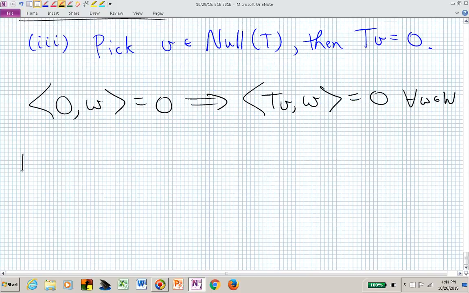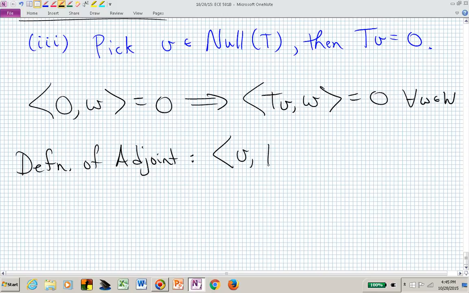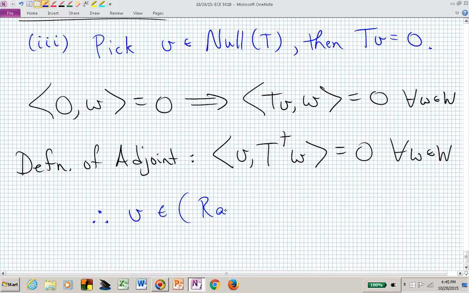and our definition of the adjoint now allows us to slide that linear operator T to the second slot by saying now V comma T dagger W is equivalent to what it was above, and that was equal to 0 for all W. And now that says that V is orthogonal to the range of T dagger.